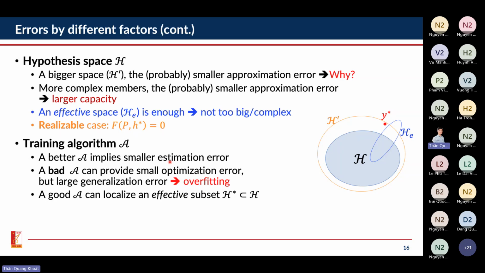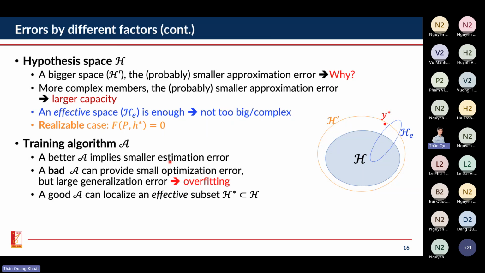But if you choose a very bad learner, then it can produce a very bad model, and in that case the estimation error can be high, even though the training error sometimes can be small but the test error is still very high.